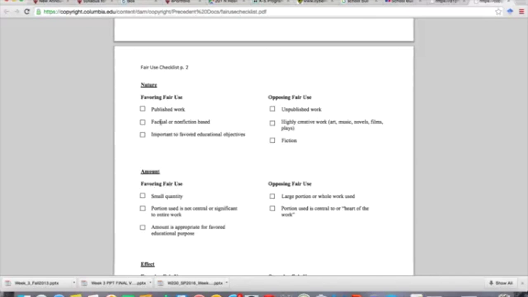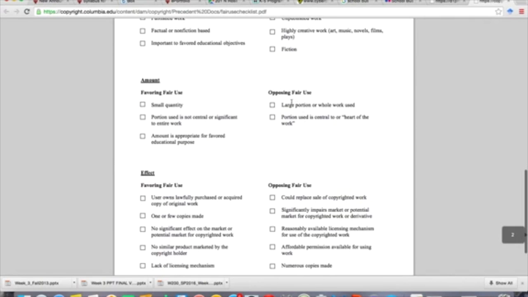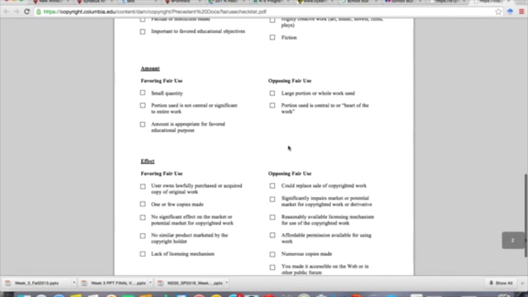If something is factual or non-fictional based, or if it's already published work, or if it's important to favored educational objectives, these are all elements that will lean more towards being fair use. We already talked a lot about the amount, or I showed you different examples of the different amounts. So if you're using the whole thing, then that's going to be less likely to be supported by fair use.